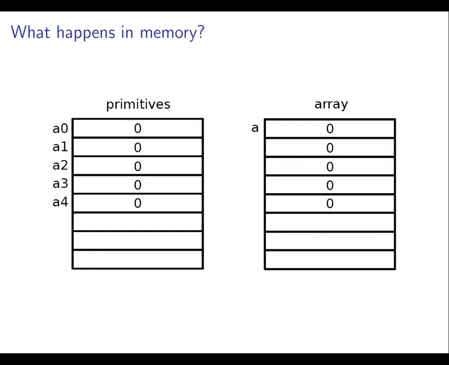But also, in the case that we have primitives, there's no systematic way of getting from a0 to a2. They're unrelated primitive variables. Whereas in the case of the array a, there is a systematic way of going from the 0th element of the array through to the 2nd element of the array. And this may be a bit mysterious at the moment, but it will become clearer as we go on.